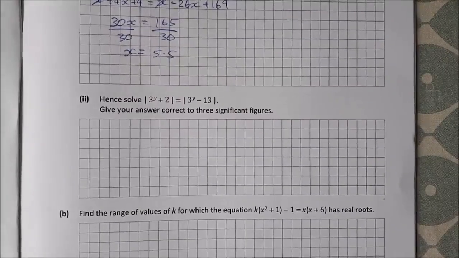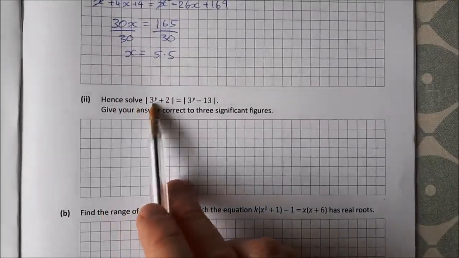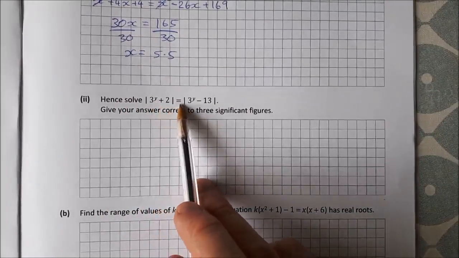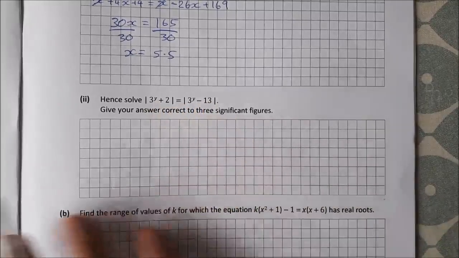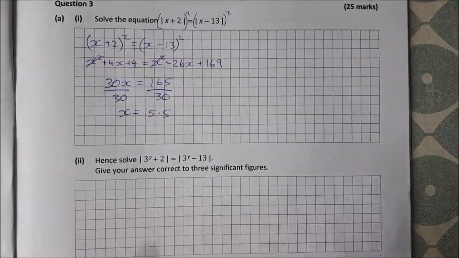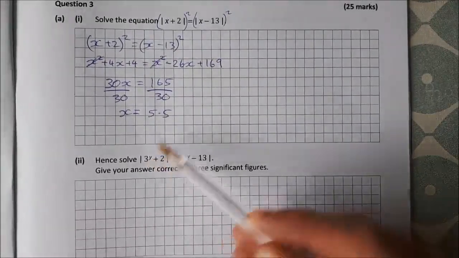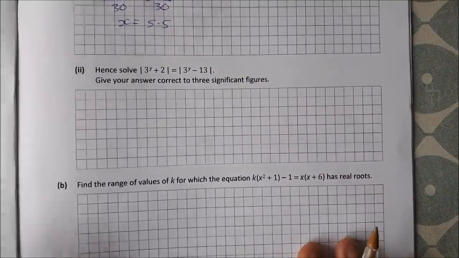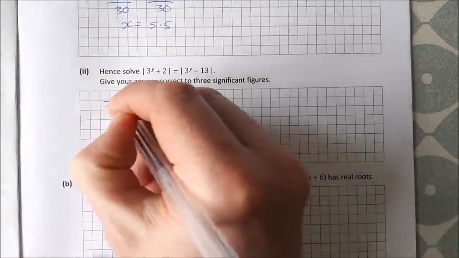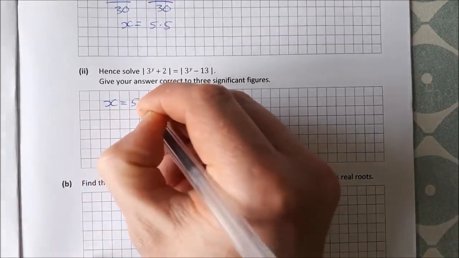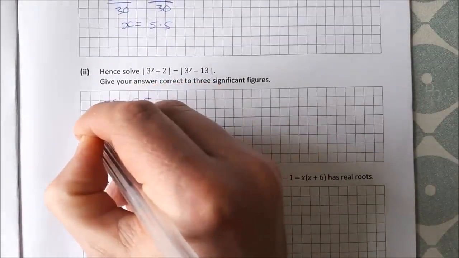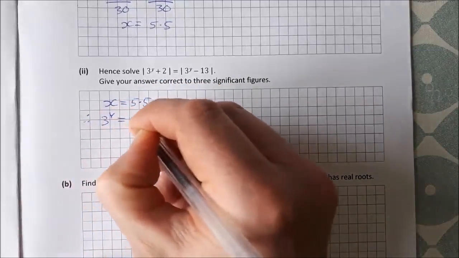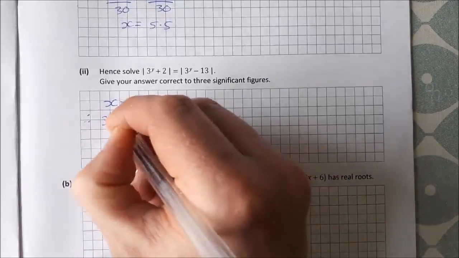Okay, so part B in this, hence solve 3 to the power y plus 2 equal to 3 to the power y minus 13. So the hence here shows you the connection, and the connection is that 3 to the power y is equal to x. So what I can write down here is x is equal to 5.5, therefore 3 to the power of y is equal to 5.5.